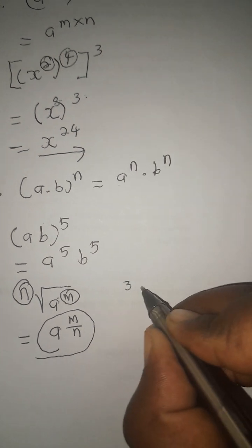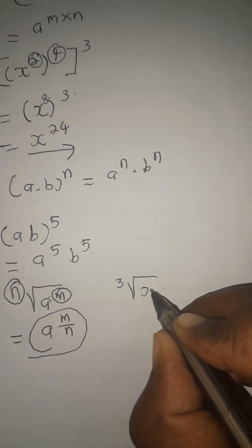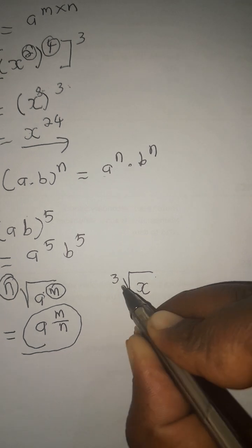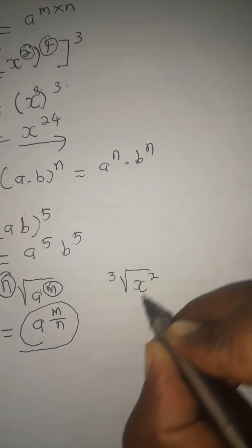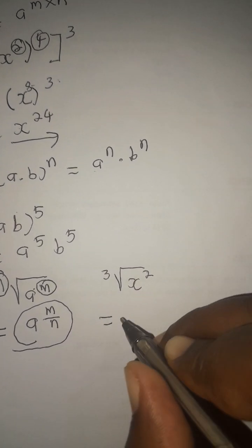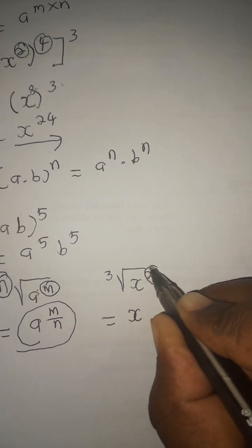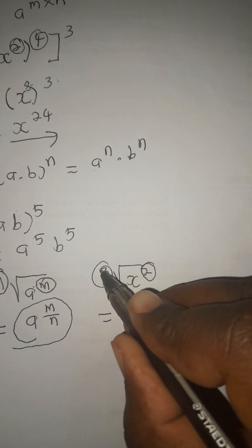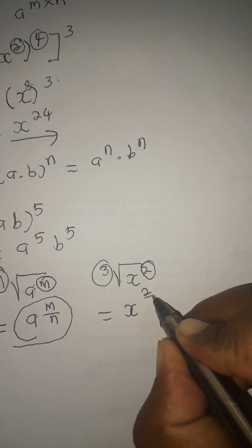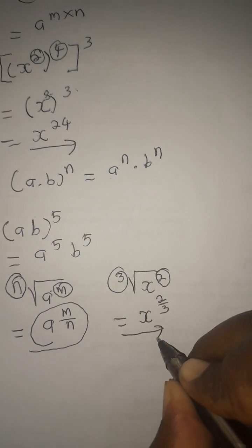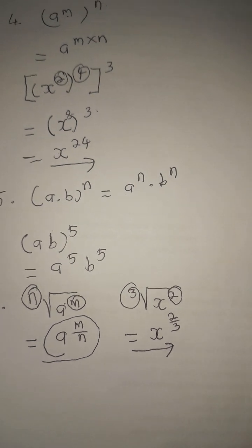Probably they might give you something like this. You have to simplify the cubic root of x squared. You take out x squared. Just remember I told you that this will be your numerator and this will be your denominator. We're going to have 2 to the power of 3. So this is how it should be, right?